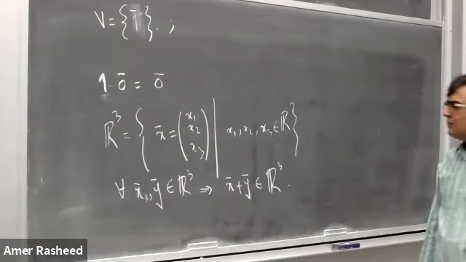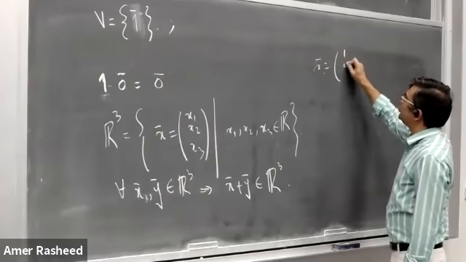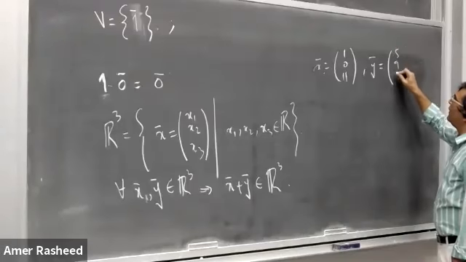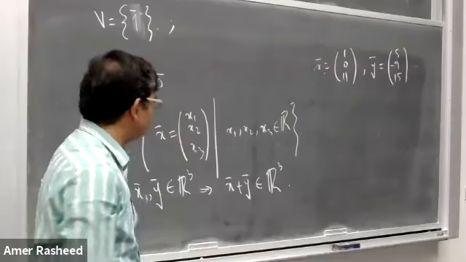कोई से भी ले लें। मसलन मैं ये लेता हूँ, x को मैंने ले लिया 1 0 11। हाँ, 2 एलिमेंट्स ले लिए. I'm sorry, sir. लेकिन in order to make R cube a vector space, we will have to introduce a vector y and a vector z, right?